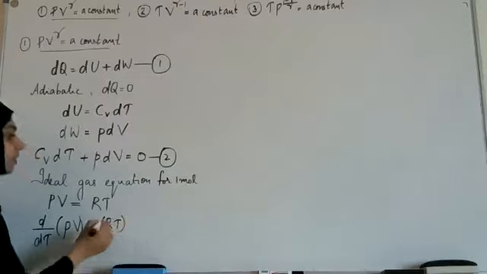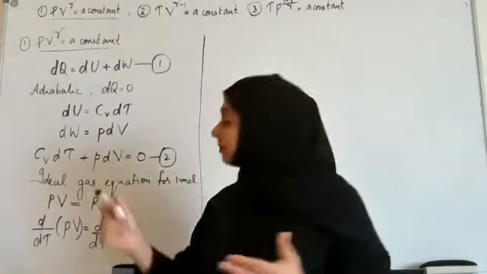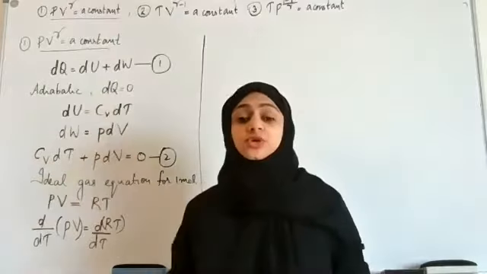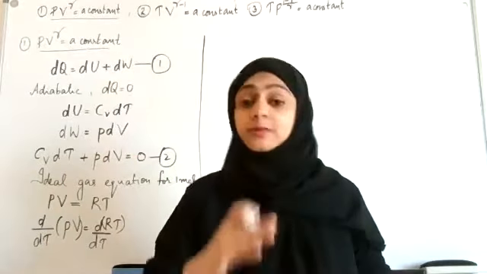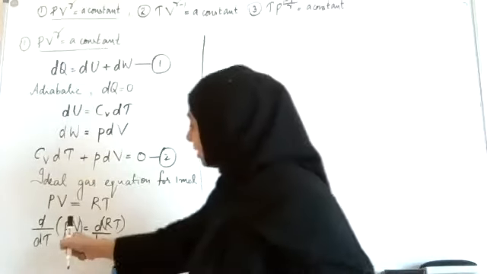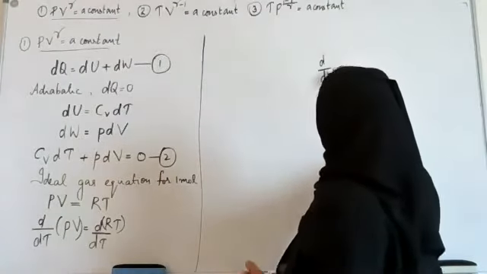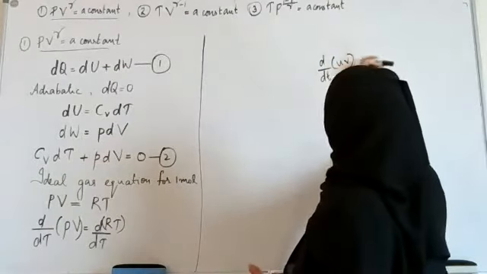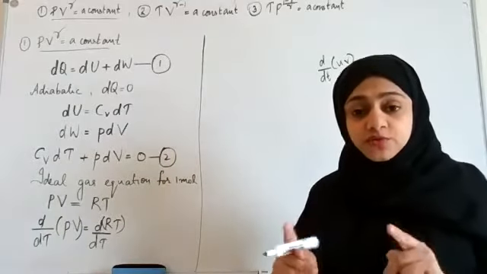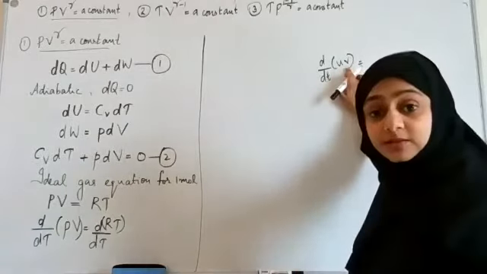Now here we cannot take pressure or volume outside because in an adiabatic change, pressure, volume, temperature, all three of them can change. So how do you represent d by dT of UV? How will you write it? When you are differentiating the product of two factors or product of two quantities, how will you do that?